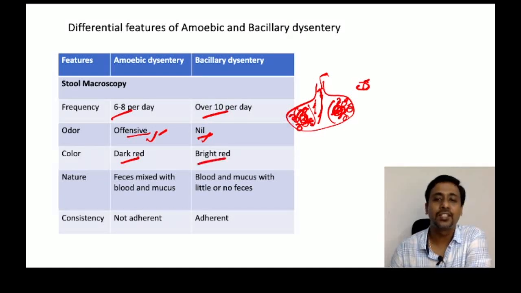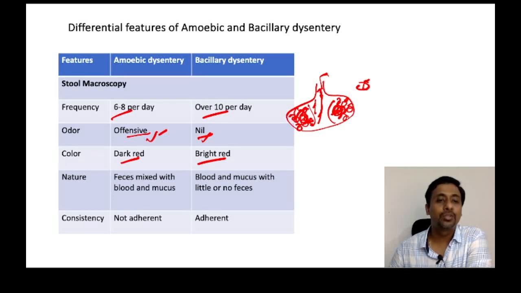Again the same reason: because of the necrotic material and altered blood present in that material, the stool color becomes dark red. Whereas in bacillary dysentery, as the lesion is superficial, fresh blood is added to the stool and the stool color becomes bright red.